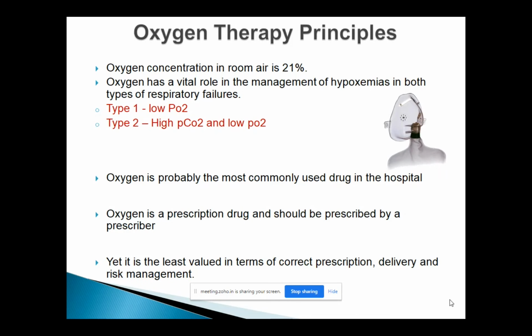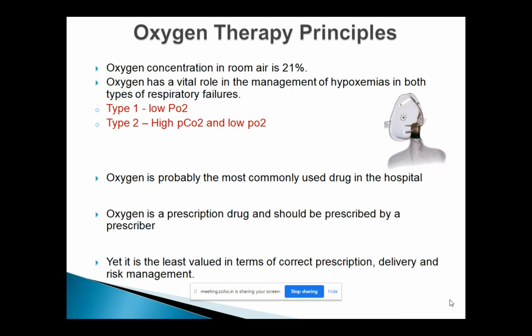In type 1, there is nothing wrong with your carbon dioxide, but your partial pressure of oxygen is low. In type 2 respiratory failure, you have high carbon dioxide and low oxygen. To make it even easier to understand, type 1 has only one problem, which is low oxygenation. Type 2 has two problems: high carbon dioxide and low oxygen.